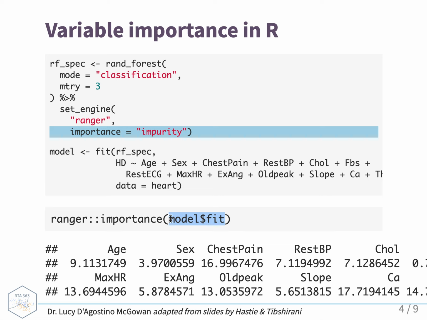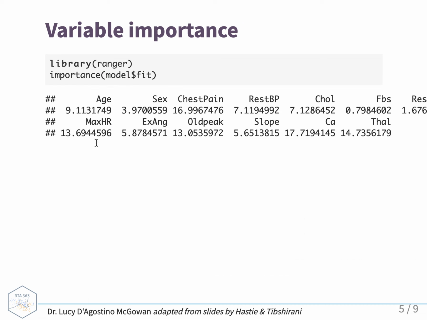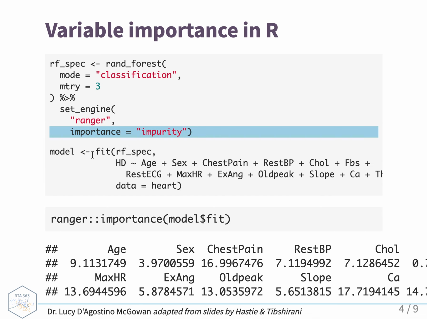This is like when we did rpart.plot and we wanted to pull out the fit object. Just to make sure it's clear, this code here is doing the exact same thing. It takes one extra line, but you also could equally just call library(ranger), and then use the importance function exactly the same as on the previous slide.